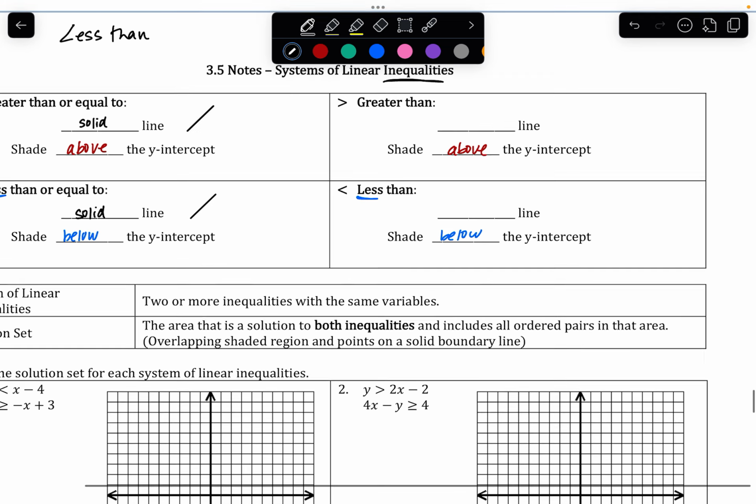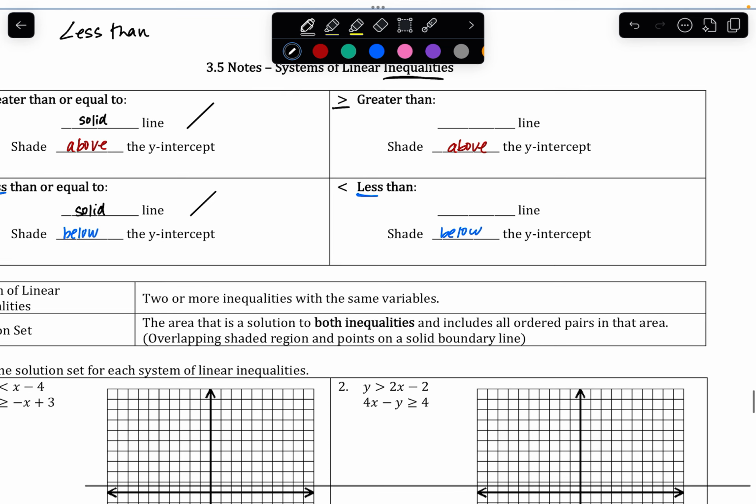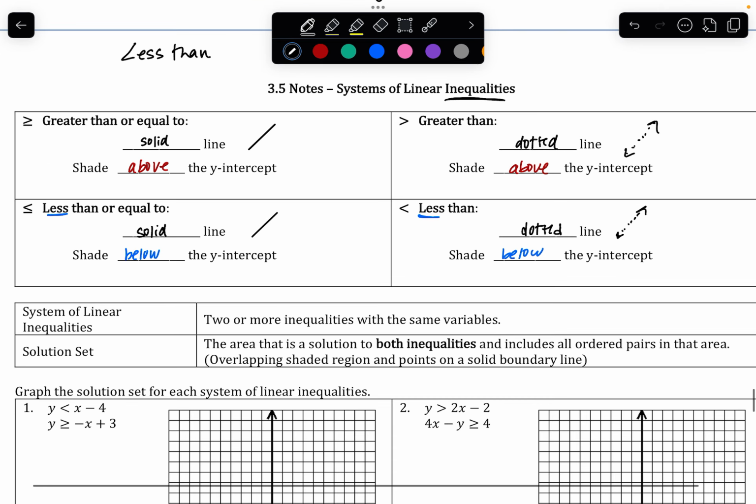And if you don't have the line underneath, you are going to have a dotted or dashed line. Okay, it kind of corresponds to your closed circles versus your open circles, but only now instead of just talking about a point, we're talking about an entire line.